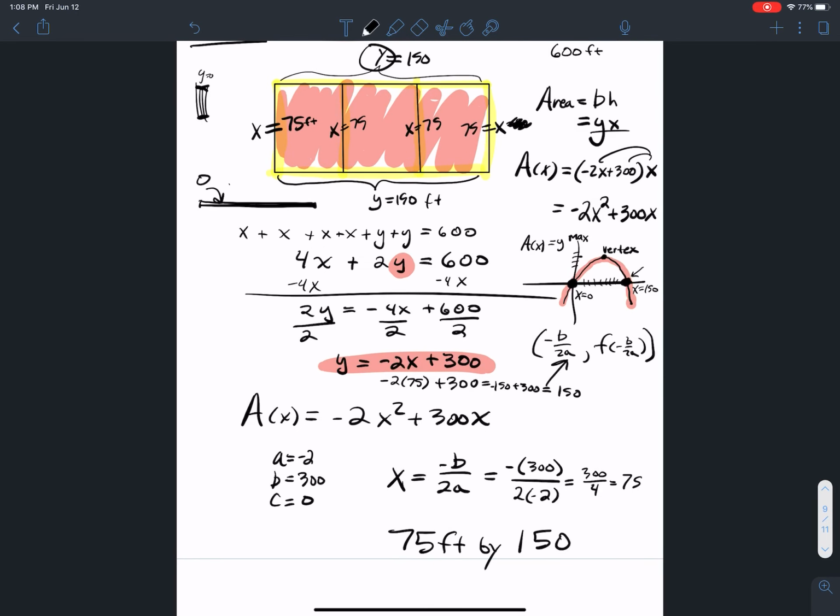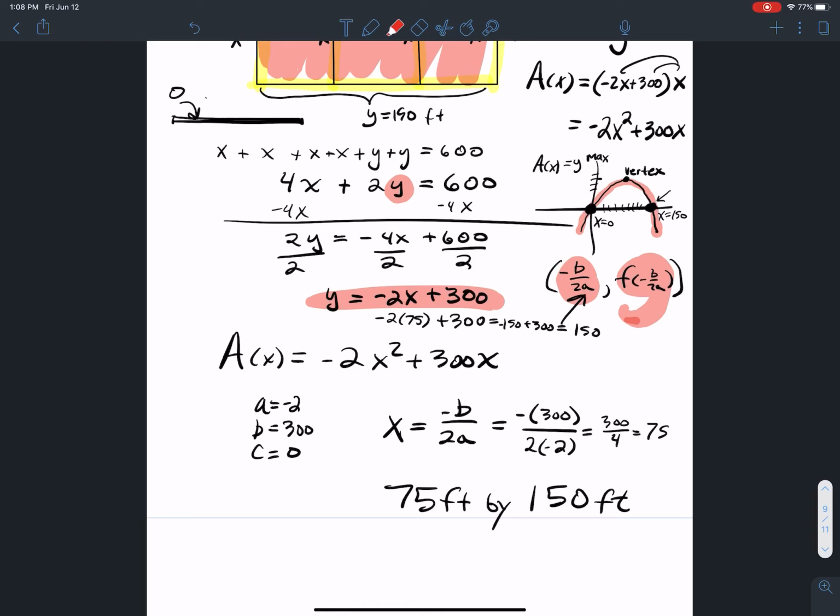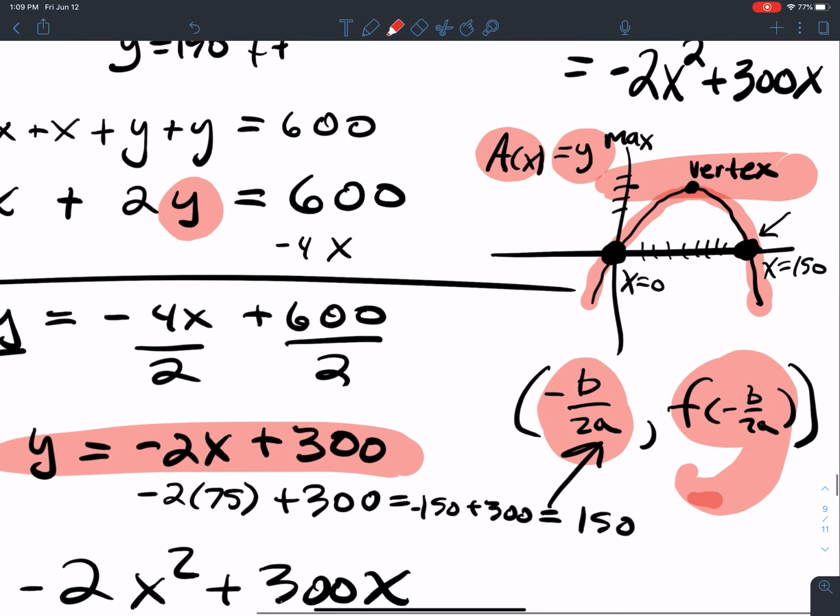So that's how this application problem works for maximizing. You're looking for that X value here. You don't have to plug into your equation. If you did plug in, what that would tell you is what the actual area is.